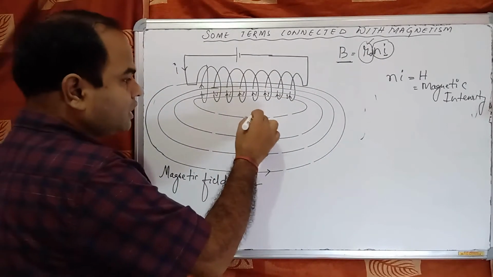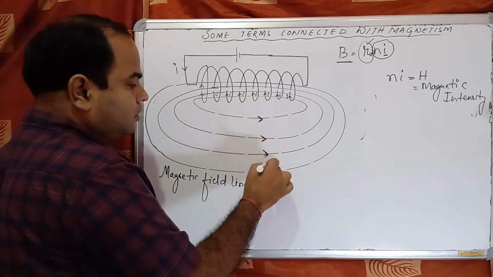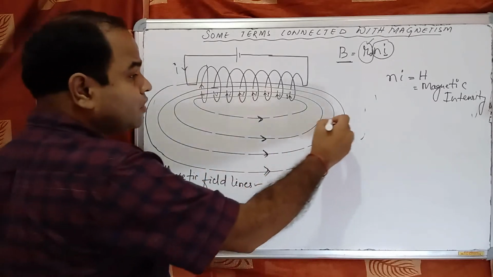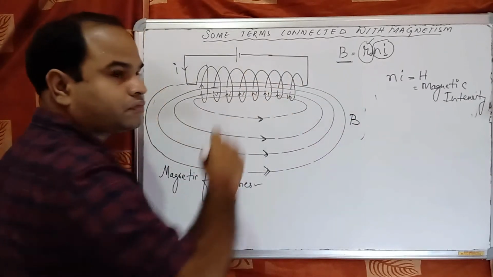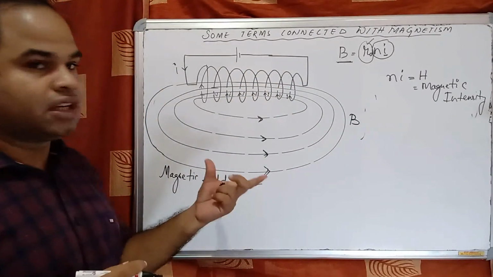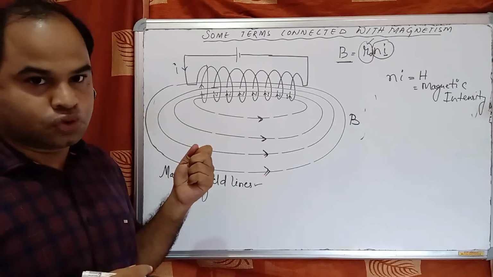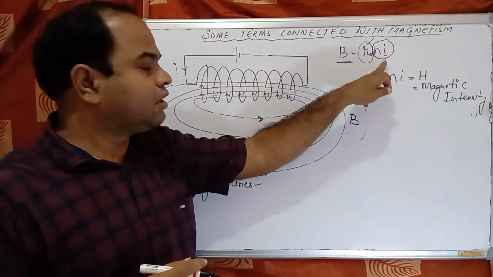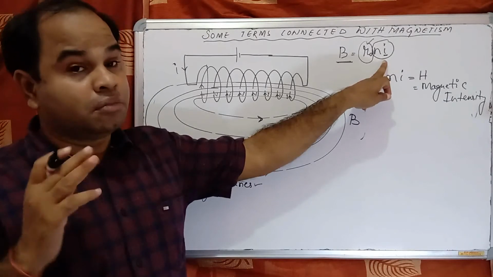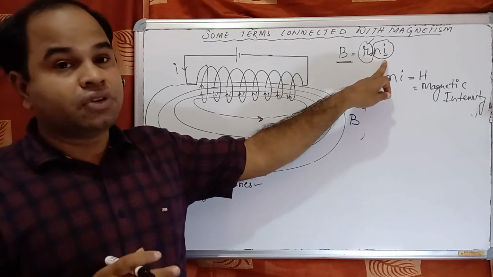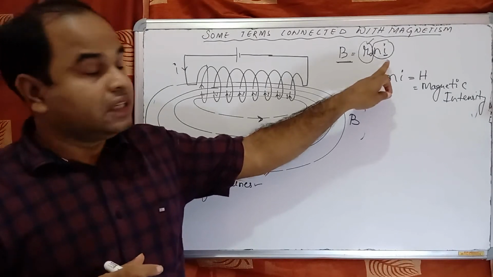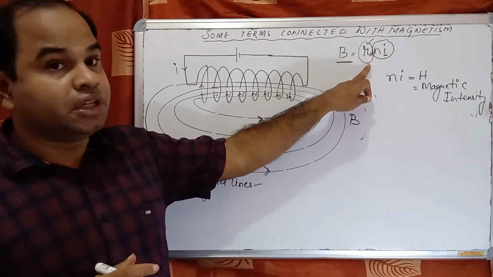So we can say these field lines traveling in air medium is B, the magnetic field strength. First there are the magnetic field lines produced by the solenoid. They will travel in the medium.